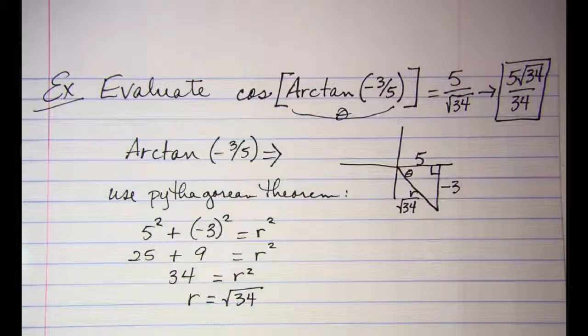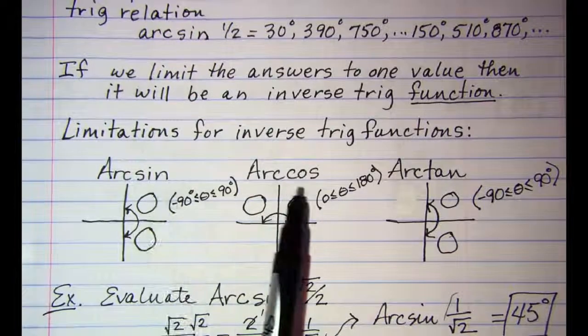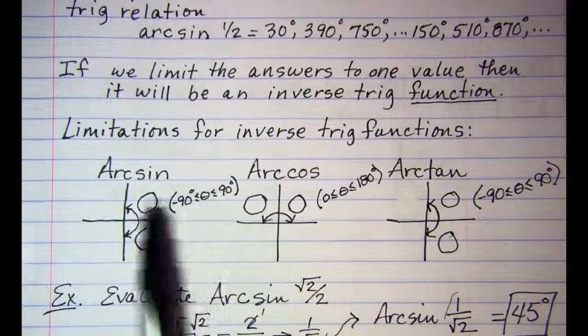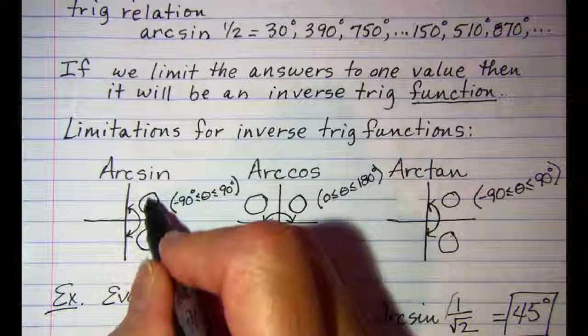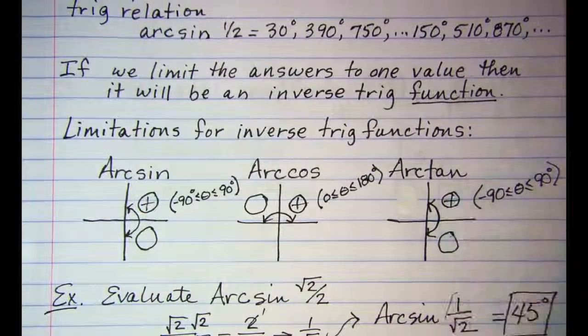So let's recap. It's important that you remember the limitations on our inverse trig functions. For all of the inverse trig functions, if your ratio is positive, your angle will come from quadrant 1. So this is when we have a positive trig ratio. We'll use angles in quadrant 1.